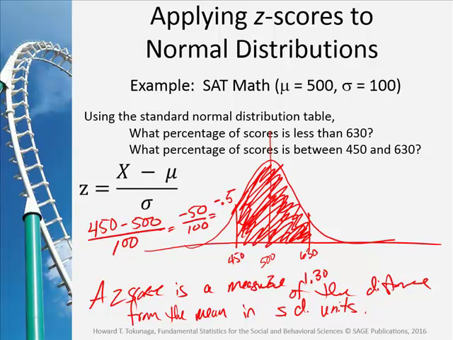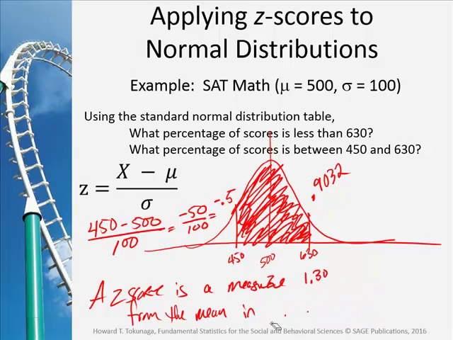No, we're not there yet. Okay. So we know that from 630 back is 0.9032. We got that, right? Okay. Let me do some erasing here.